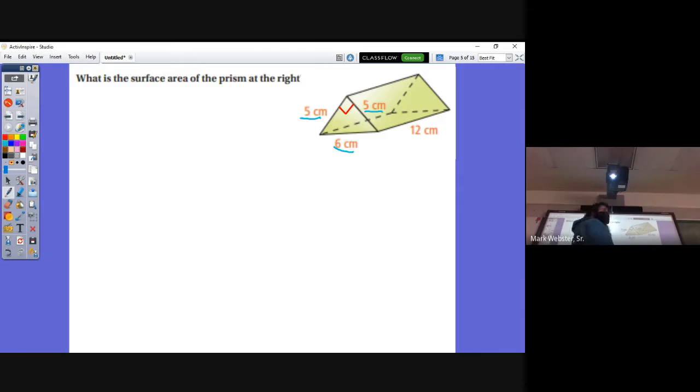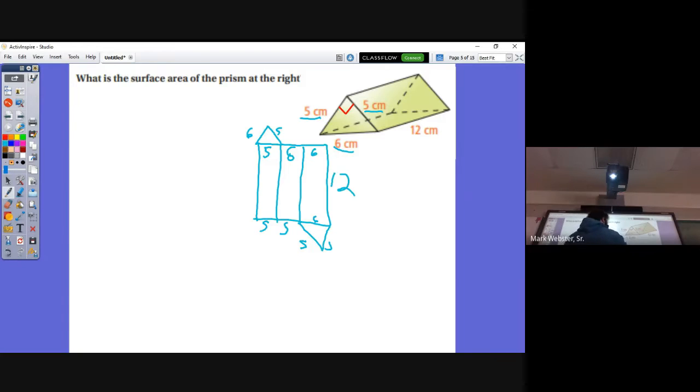So let's find the, you can draw it out. Here's your 3 rectangles, and then you've got the 2 triangles. This is 5, that's 6. 6, 5, 5. And this whole thing is 12, right?